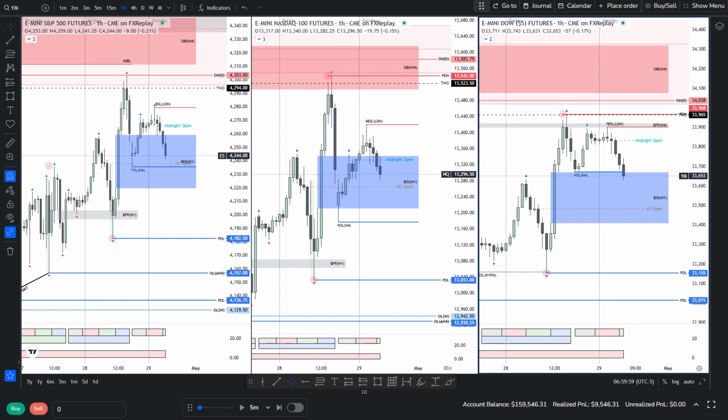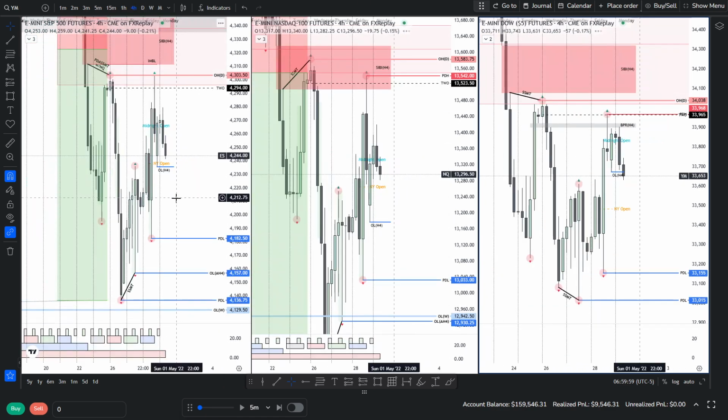To see lower prices, hold on, it's an old high daily, so let's just go and see.